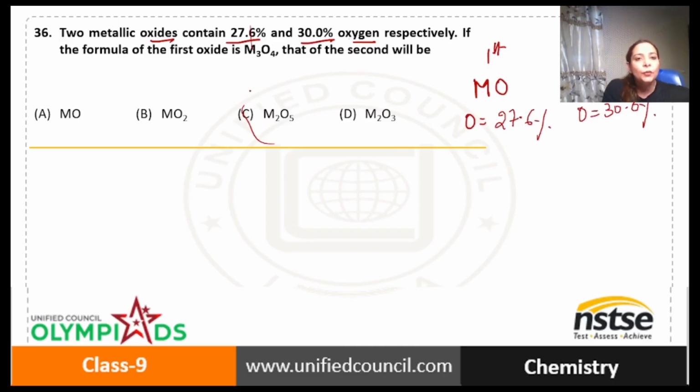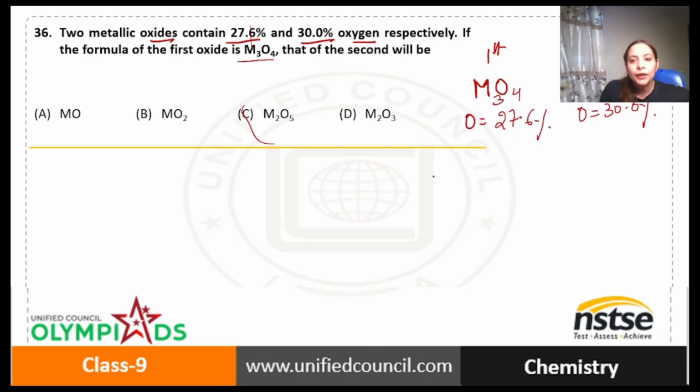If the formula of the first oxide is M3O4, as given, we need to find the formula for the second metal oxide. Now here in this question, the perfect way to find it is that first we need to find the percentage of metal.